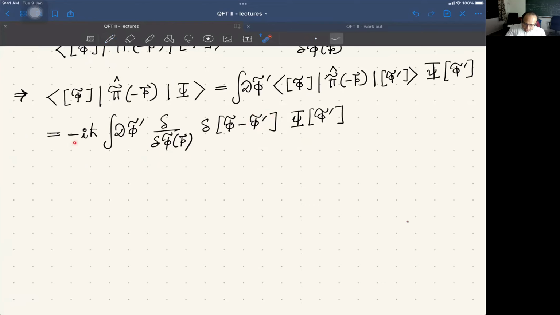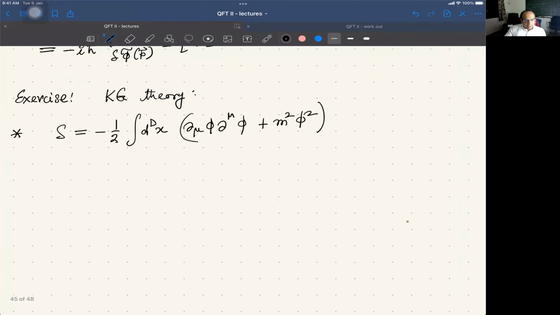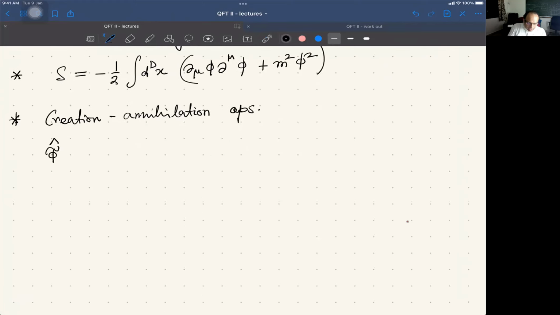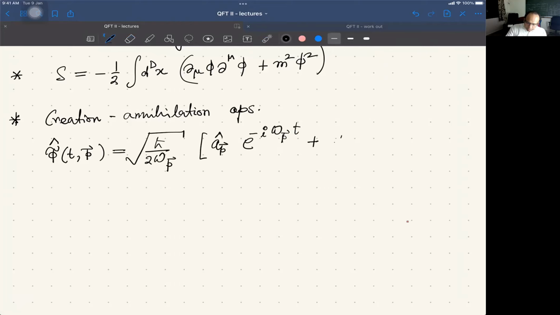Here the action is given by minus half integral d^4x of (∂_μφ)² plus m²φ², and then you can define creation and annihilation operators by relating φ̃(t, p) with this, ħ over 2ω_p, a_p e^(−iω_p t) plus a_(−p)† e^(iω_p t).